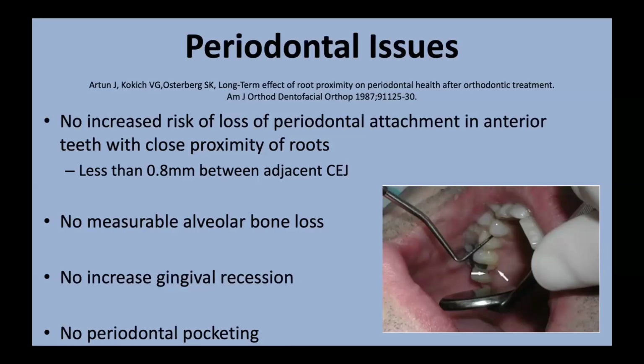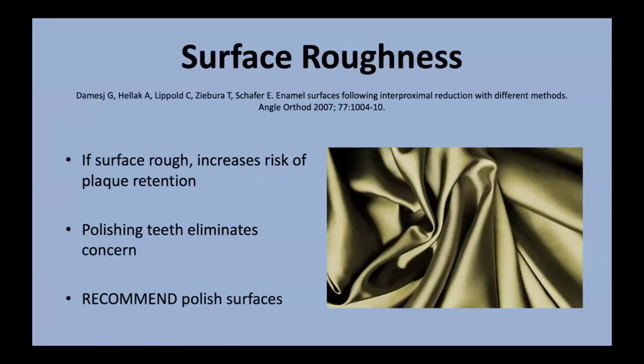Obviously, without proper brushing, flossing, and diet. None of our mouths are stable, but as long as we keep those mouths clean, we are not causing any periodontal issues. There's also a theory that if we're doing this reduction and we're scraping and reducing the enamel, we're leaving a much more rough surface.